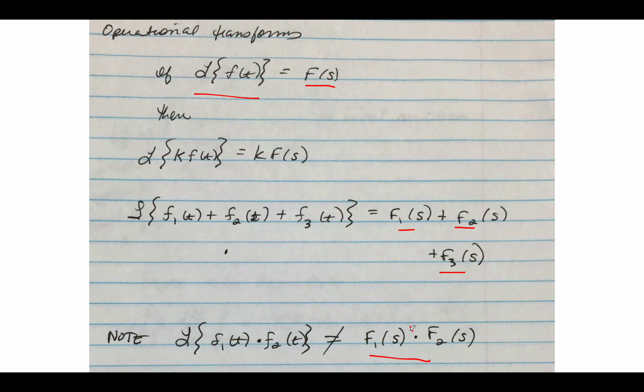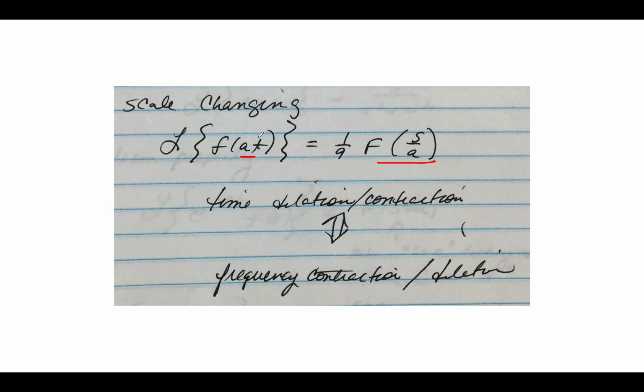Scaling property, I actually use less in here than I would perhaps in a linear systems class, and less in Laplace than I would in Fourier analysis. But there is a scaling property in the Laplace transform. This also can easily be proven with a change of variables in the integral. It turns out that if you do have a scaling change in the time domain, multiplication by at, then in the frequency domain, s gets divided by a.